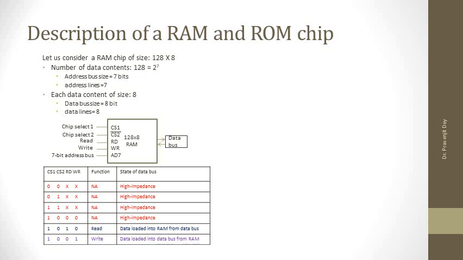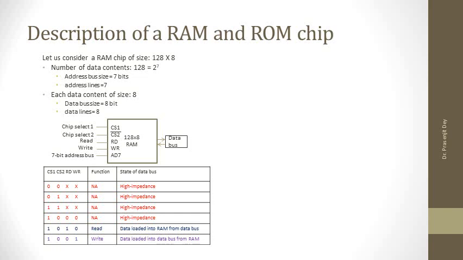Similarly, when chip select 1 is 1 and chip select 2 is also 1, the RAM chip will also be in the disabled state. You can see this in the third row of the table. So, only when chip select 1 is 1 and chip select 2, the CS2 bar, is 0, will the RAM chip be active, and then only can you perform read and write operations.